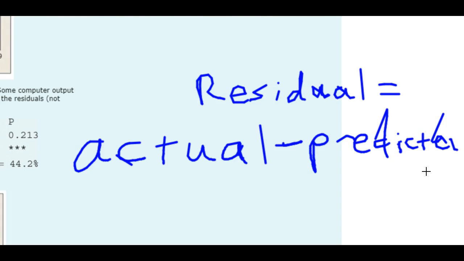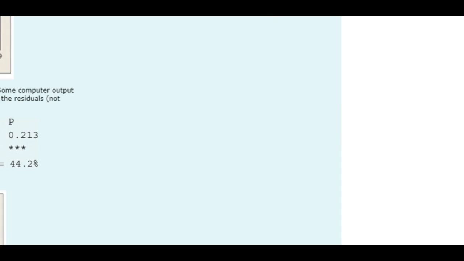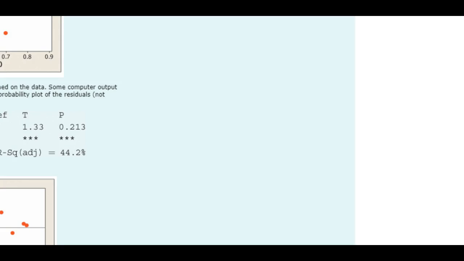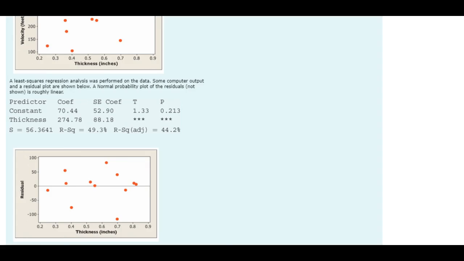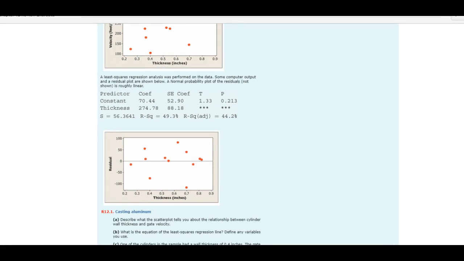So there you go. The residual equals the actual minus the predicted. Clear that. Let's get this back to a normal size now.